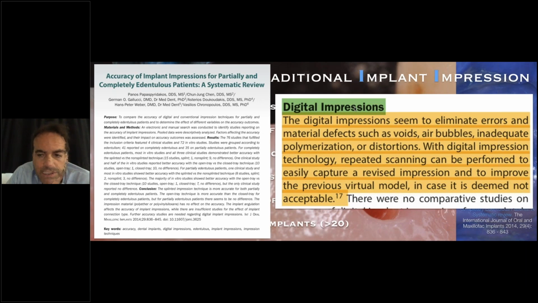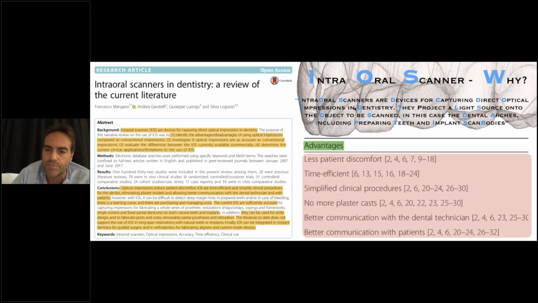So intraoral scanning technology is a great tool that can simplify our life, but not only our life, because there is less patient discomfort. We can have a great time efficiency ratio. We can simplify our clinical procedure. Think about the fact that we don't need the plaster cast anymore.